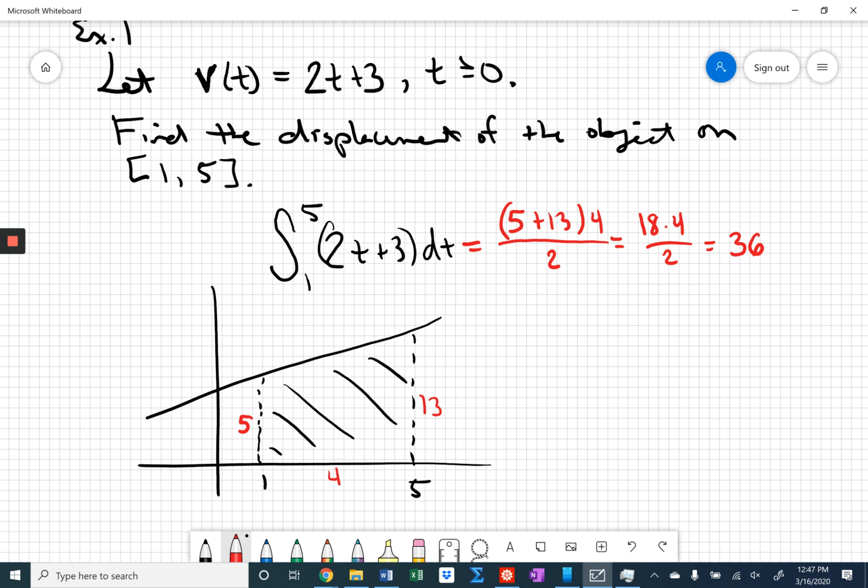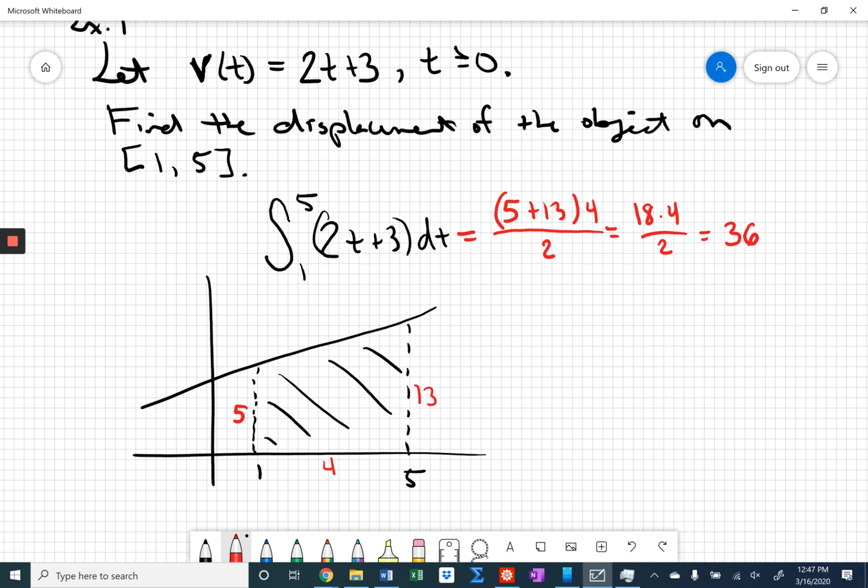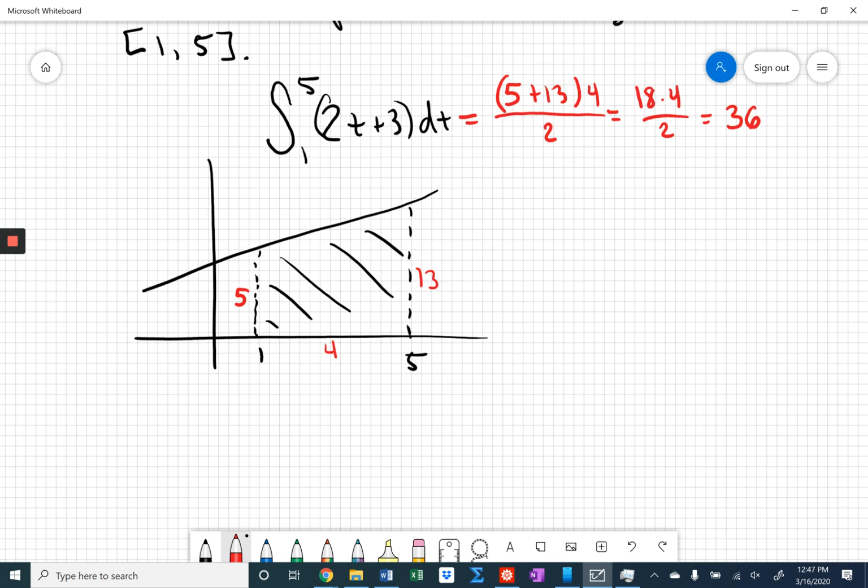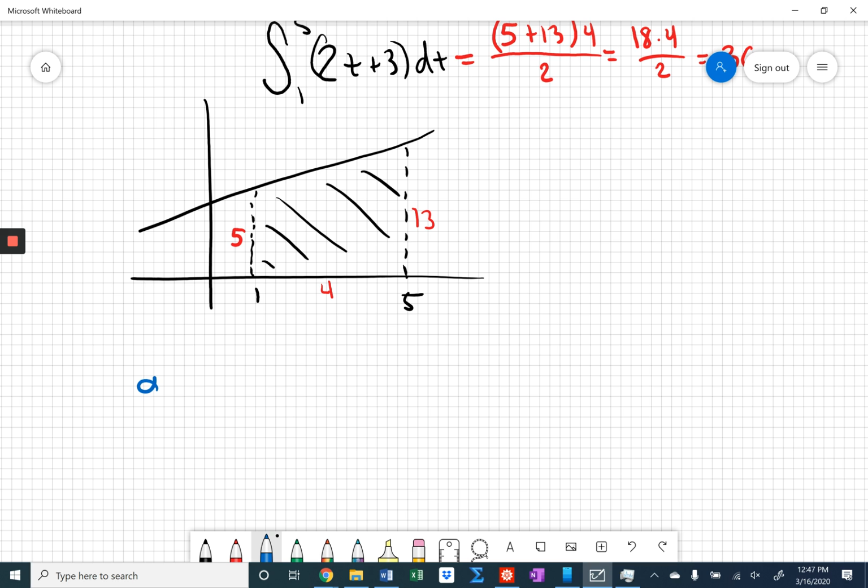I'm trying to build a connection to this. So I want to go for a second and ask you to recall the concept of displacement. So let me actually erase that for a moment.